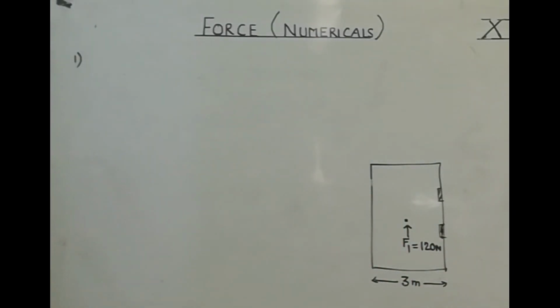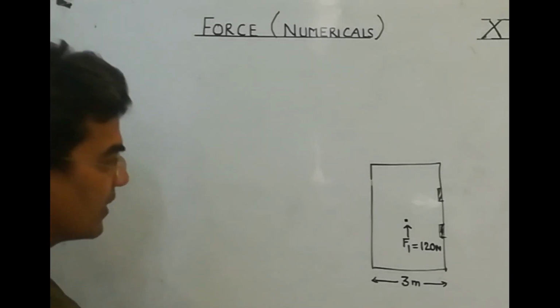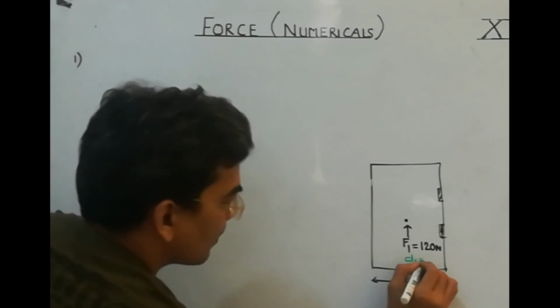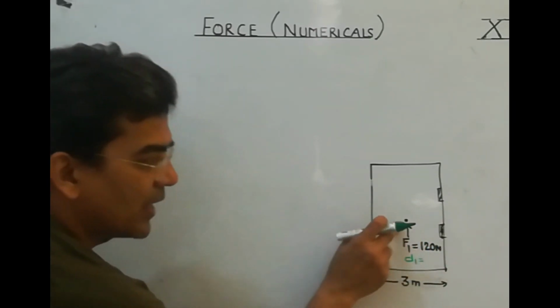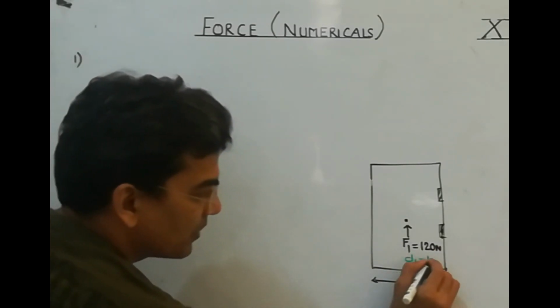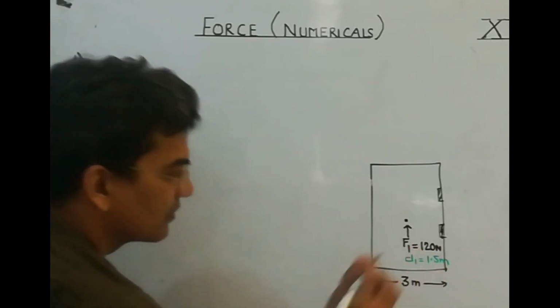Now if the person is applying force at the middle of the door, you can say that this perpendicular distance is 1.5 meter, since the door is 3 meter.